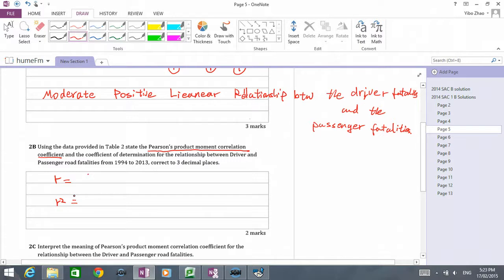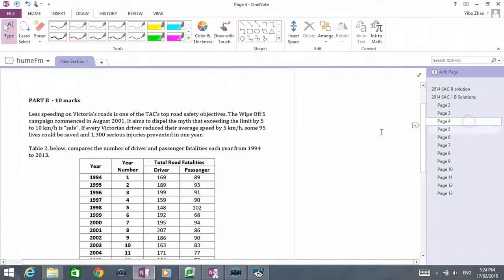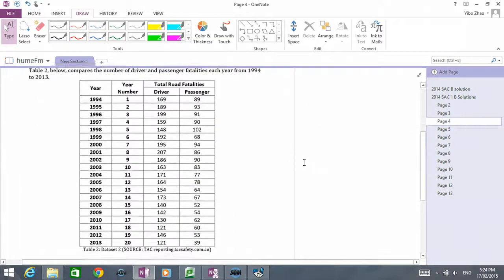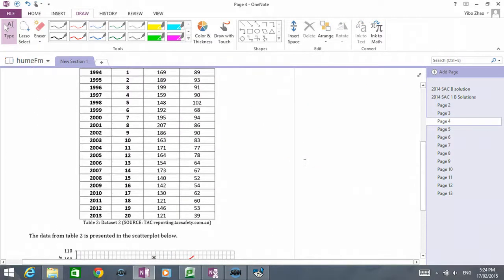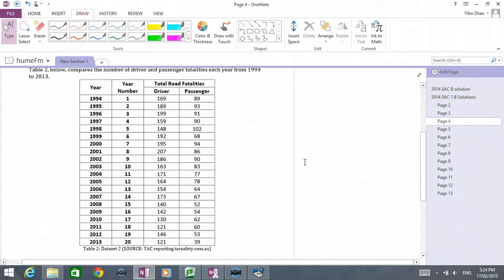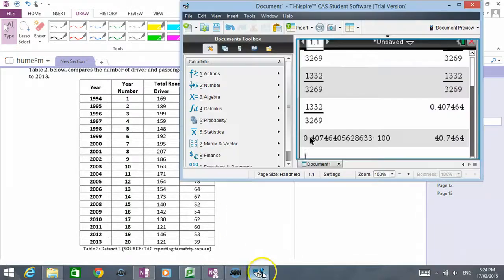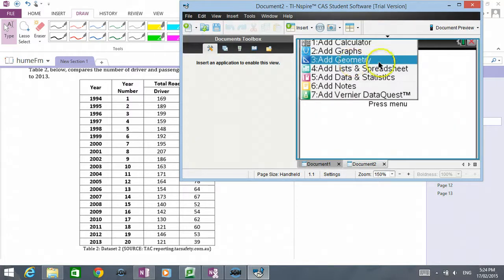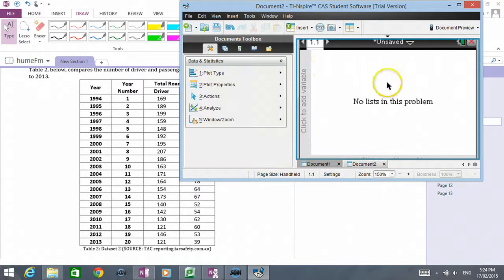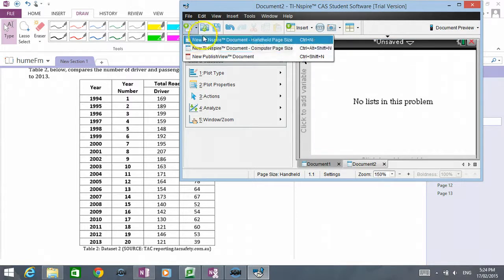Okay, so the idea is to use calculators. So I try to do it with you here. I show you how to do this. We have a new page.